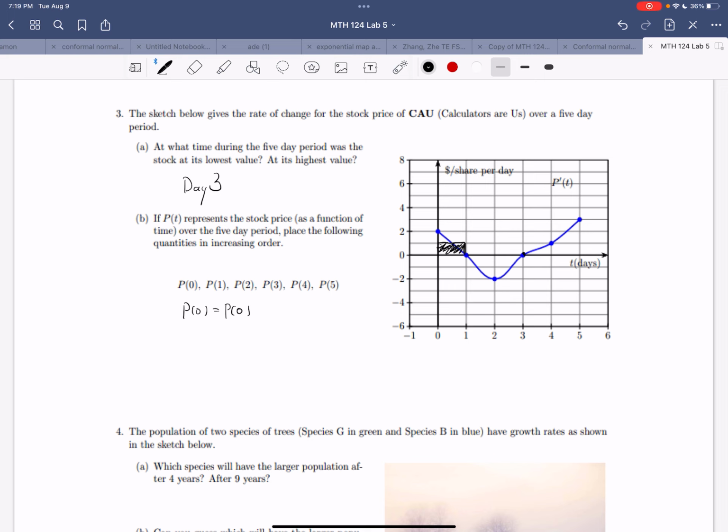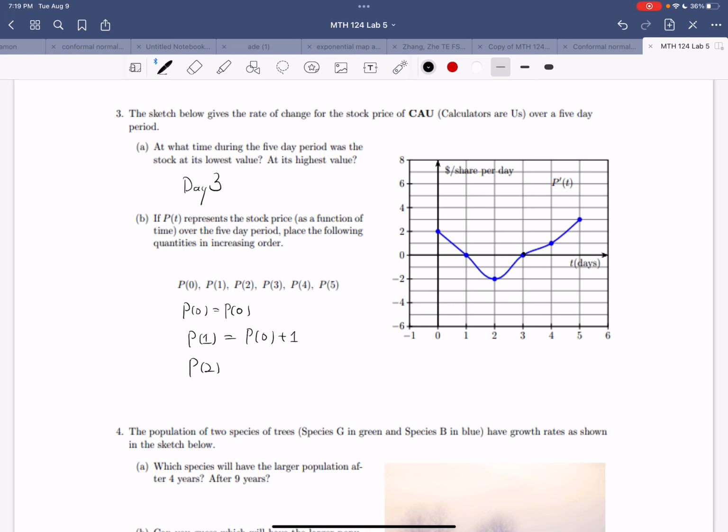Its volume is unit 1, right? So P1 equals, let's do some estimate. P1 equals P0 plus this area, right? So this area, you take this little triangle and put it here. This is just this unit rectangle. So P1 is P0 plus 1.